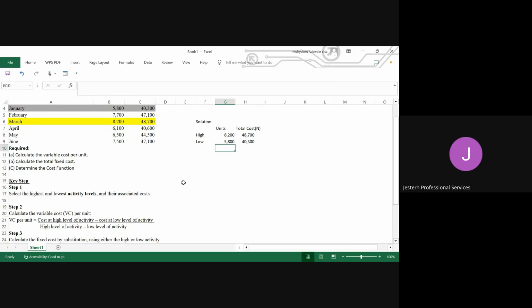Like I said, based on the steps, it will help us to ascertain our variable costs. Now, step one is done. Let's move on to step two, where we want to calculate the variable costs.